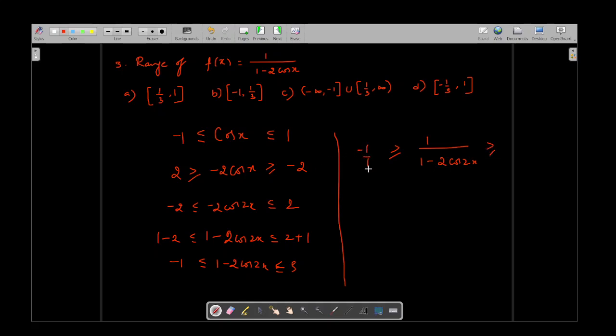So 1 by 3 less than or equal to 1 by 1 minus 2 cos 2x less than or equal to minus 1, so this is between minus 1 to 1 by 3.